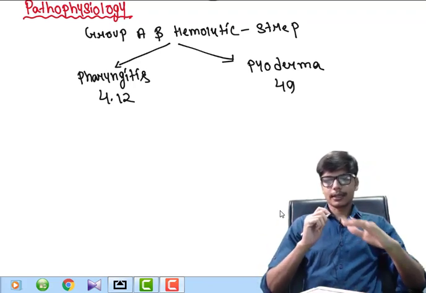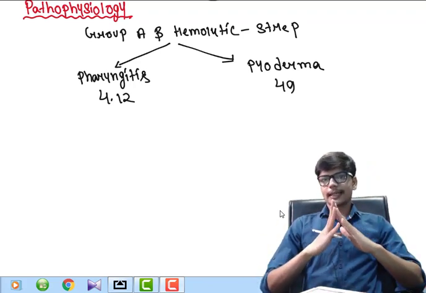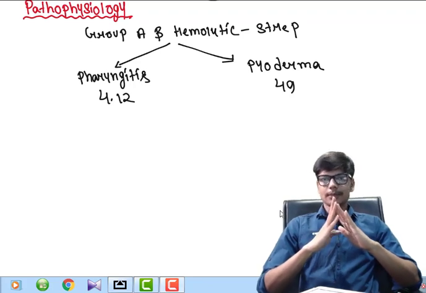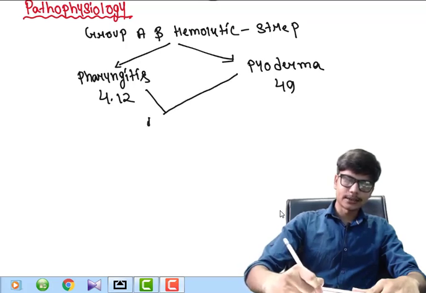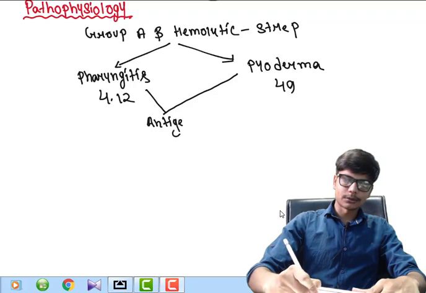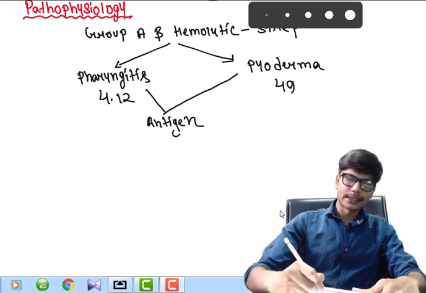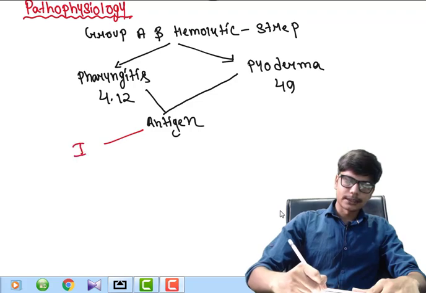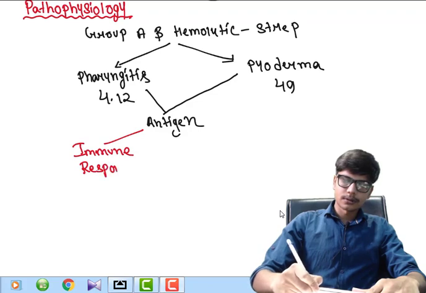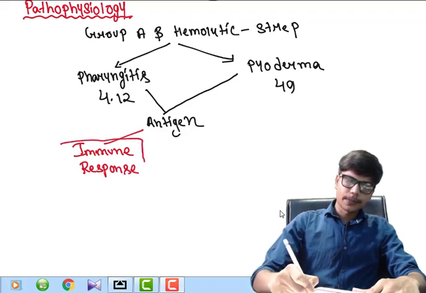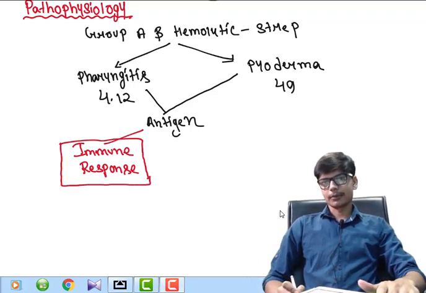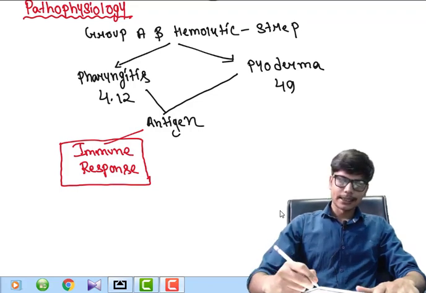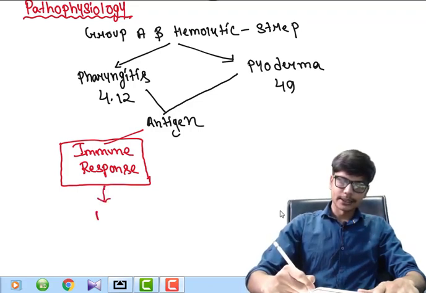49. So after reaching the child, the group A beta hemolytic streptococcus will produce an immune response. The antigen of this streptococcus will initiate an immune response in the child, and the immune response produces an antibody.